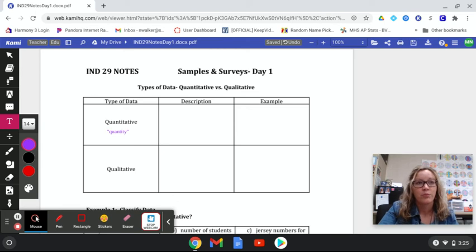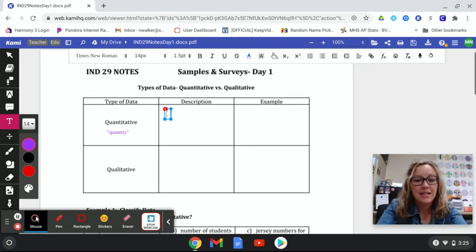So it's like, if you are, I know this is a really silly example, but the number of red M&Ms that you get in a pack, we're counting those numbers. So that would be one thing. All right, so this is data that is some form of measurement.